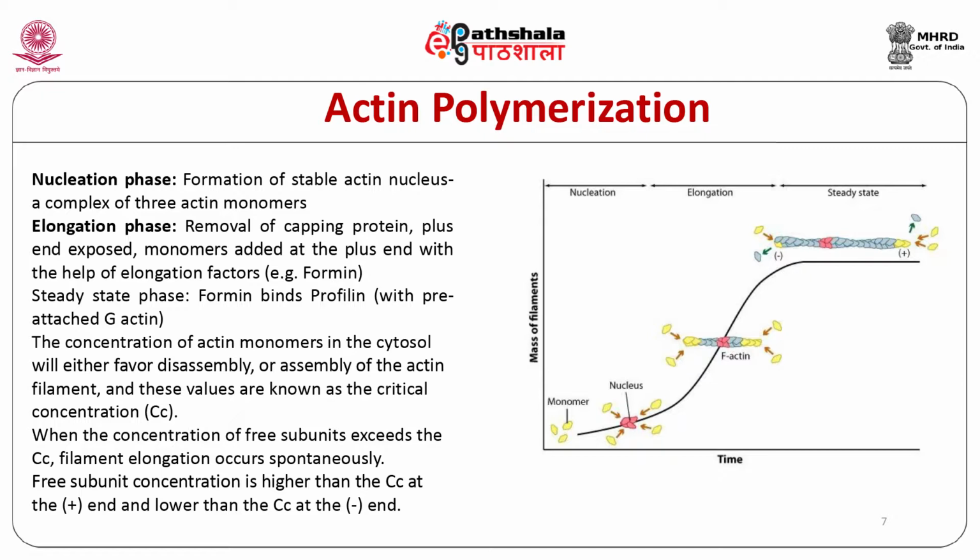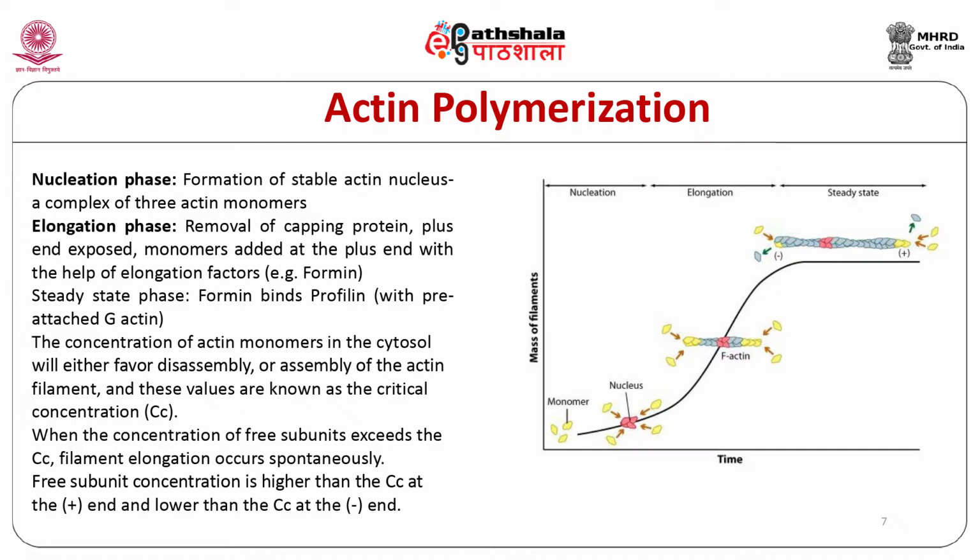The concentration of actin monomer in the cytosol will either favor disassembly or assembly of the actin filament, and this value is known as the critical concentration. So, all these explained phases are involved in the polymerization of actin.